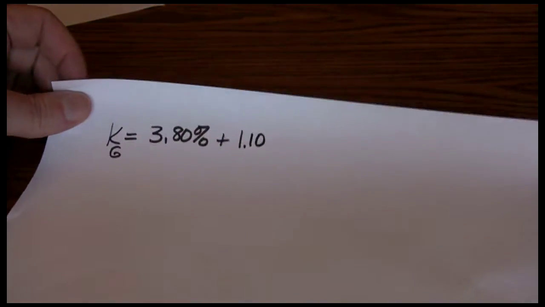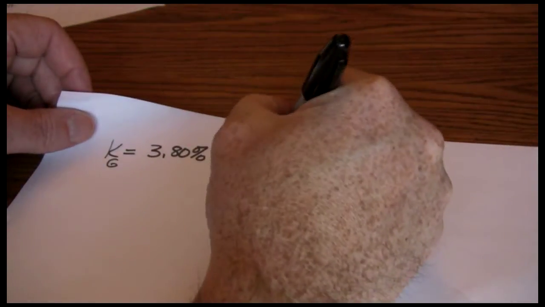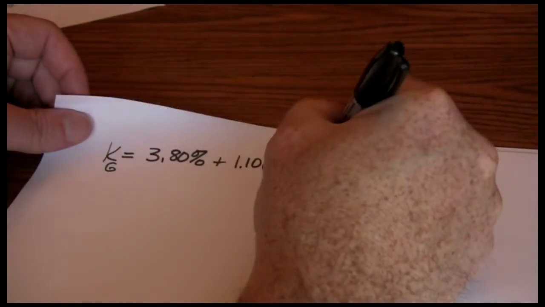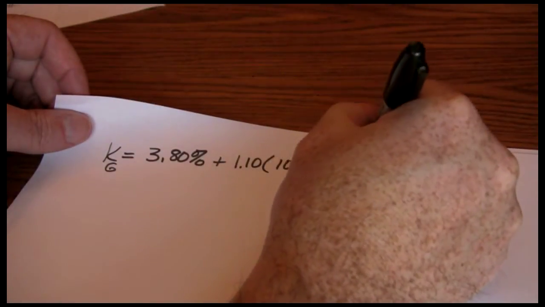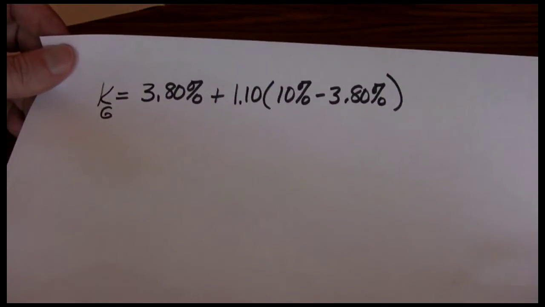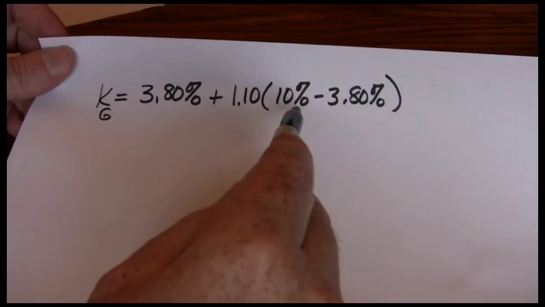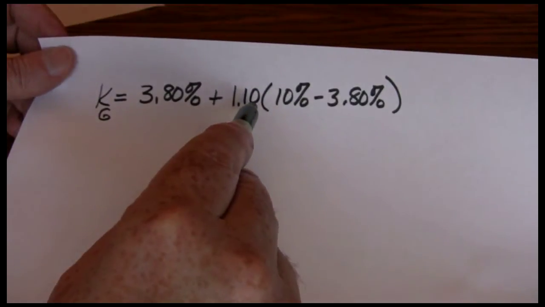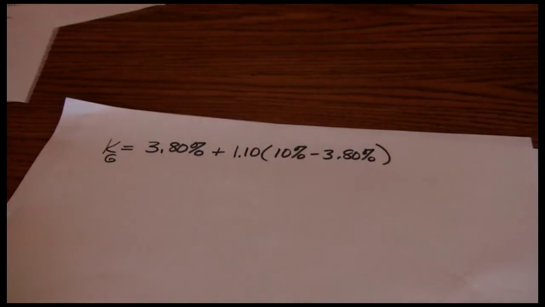The expected return on the market, we said was 10%. And again, the risk-free rate, 3.8%. Now in doing this, you want to be careful of your order of operations. Do what's within parentheses first, multiply by beta, add the risk-free rate.